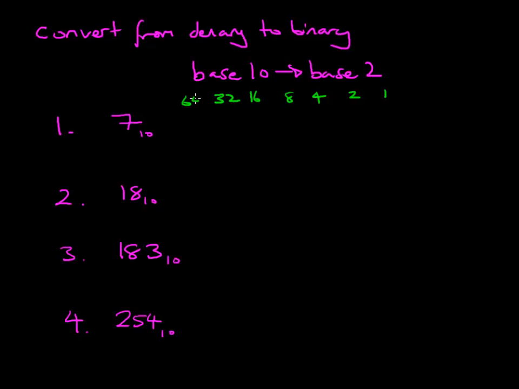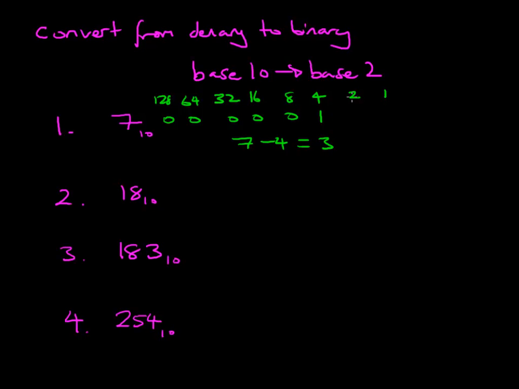So 32, 64, 128. Okay, so we've got 7, so we need to look at the first number which is smaller than 7. And the first number which is smaller than 7 is 4 here. So all of these others will be 0. We don't need any of them. We do need 4 though. So if we now say 7 minus 4 gives us 3.